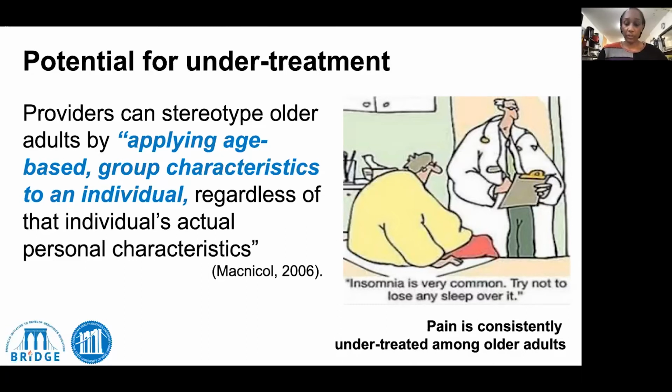So for example, this cartoon: insomnia is very common, try not to lose sleep over it, being really dismissive. This is a real problem, and it's an intervenable problem. Pain is consistently undertreated among older adults.